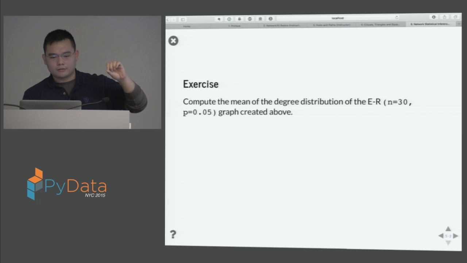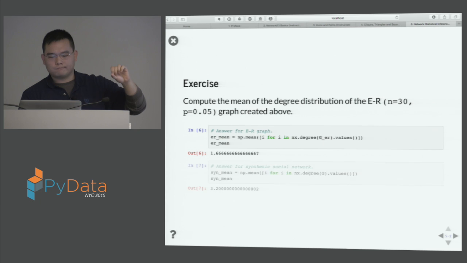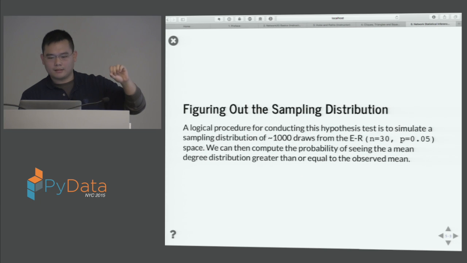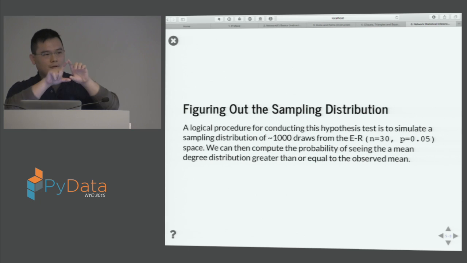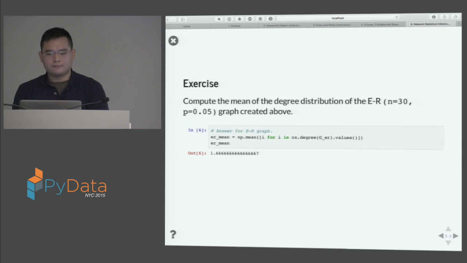So what I'd like you to try to do now is, let's move on beyond this, figure out the sampling distribution of the mean degree centrality from 1,000 tries or 100 tries, samples of this synthetic network.